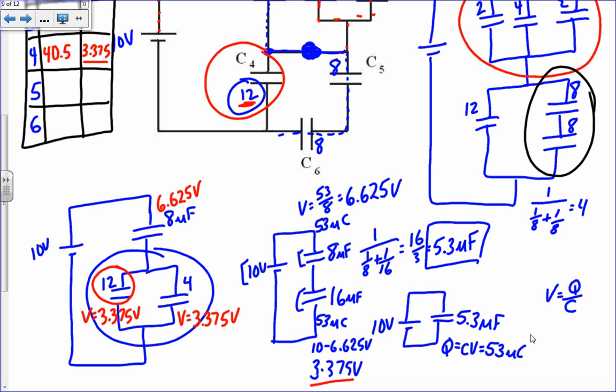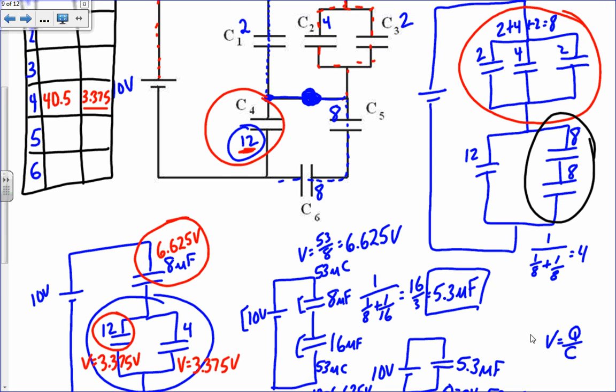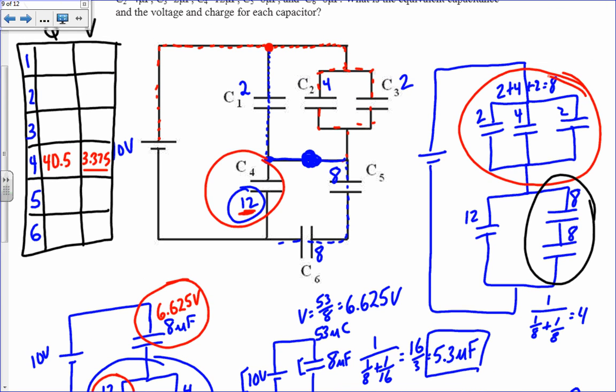Now, up here, I have 6.625 volts, as I found. But this is the equivalent for this 2, this 4, and this 2 microfarad capacitor. Since those are all in parallel, that's going to be my voltages for C1, C2, and C3. So this is going to be 6.625, 6.625, and 6.625.